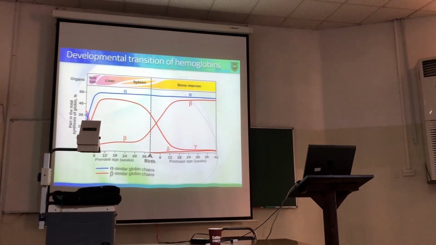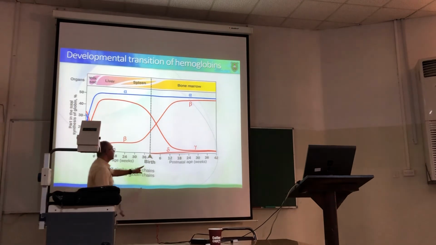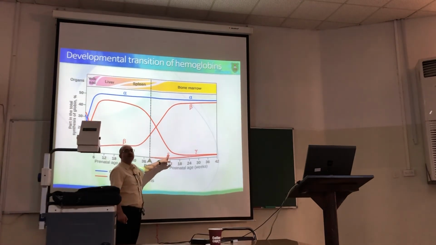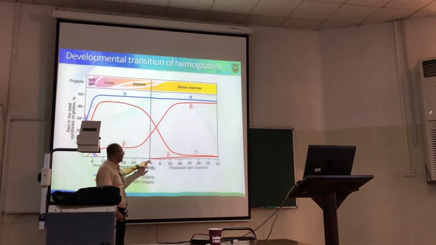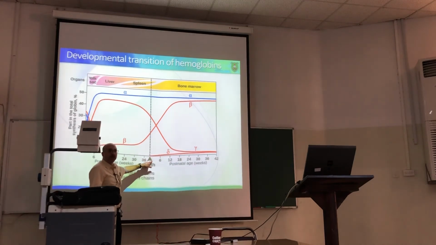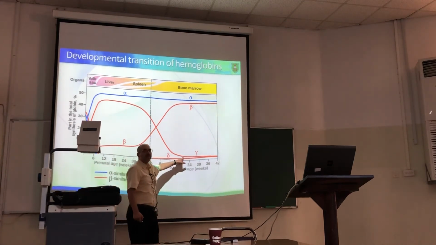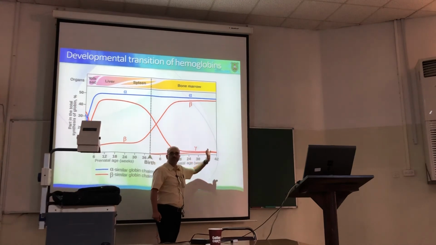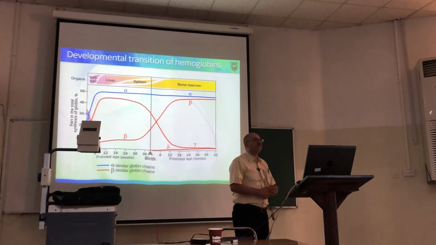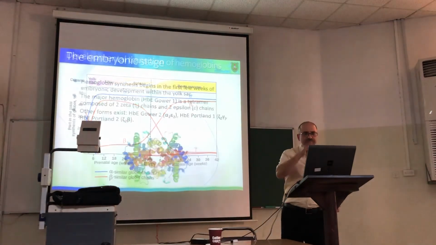Right here. So we have different forms of globin proteins being expressed. We have another one that is expressed, which is globin delta. It is expressed early on after birth, but this portion is really minimal. It's insignificant. So you have different forms of hemoglobin molecules.